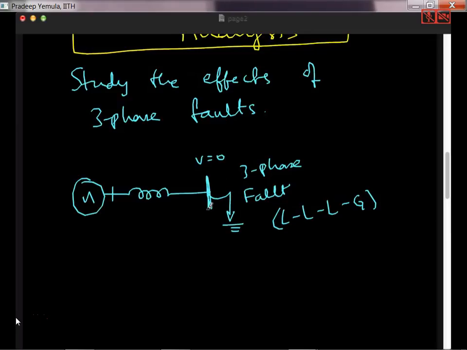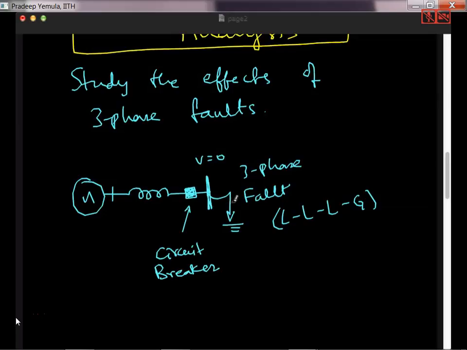Now, under such conditions, let's say there is a circuit breaker. A circuit breaker is a protective device which can break the circuit whenever a fault occurs.